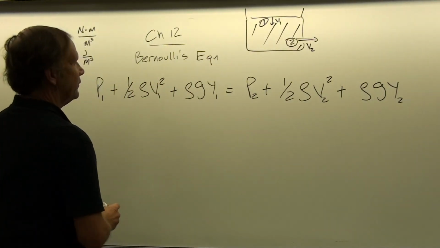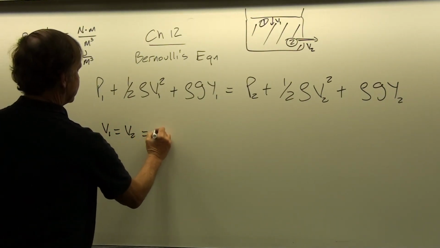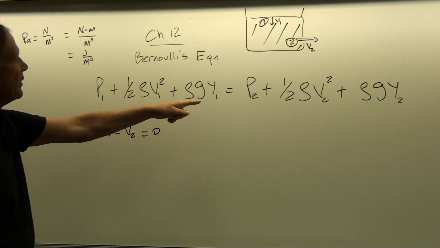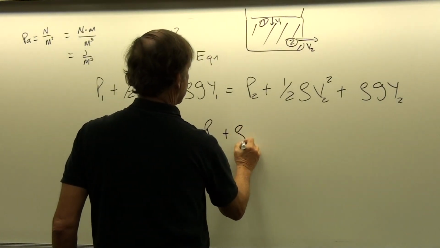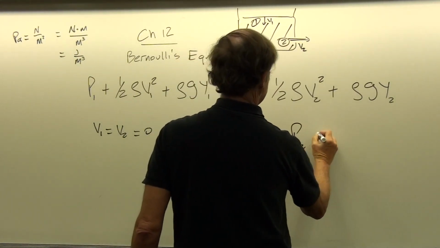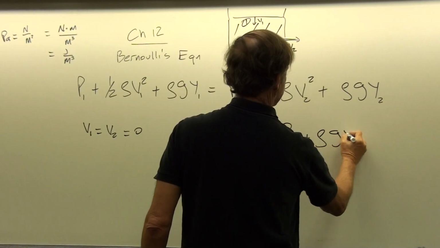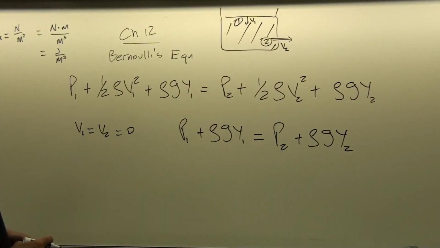So if V1 equals V2 equals 0, then essentially we have our pressure at depth expression, P1 plus rho g y1 equals P2 plus rho g y2 at 2 points in a continuous connected fluid.